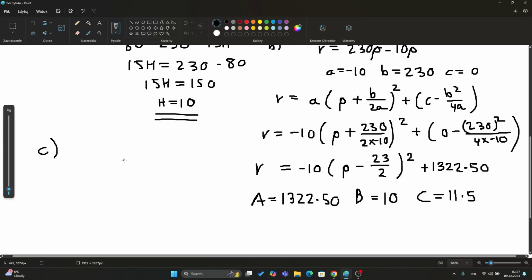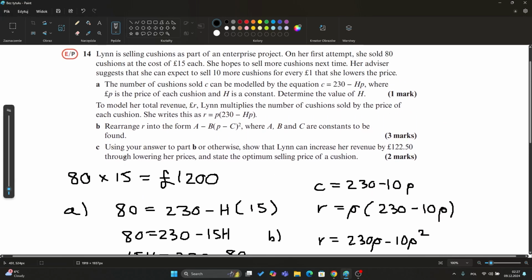So now for part C, using your answer to part B or otherwise, show that Lynn can increase her revenue by £122.50 through lowering her prices, and state the optimal selling price of a cushion.